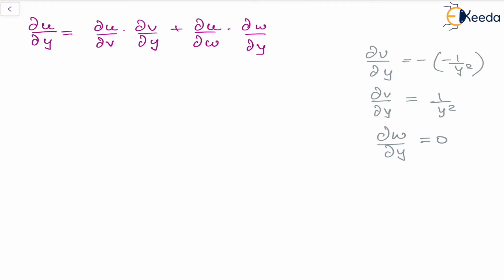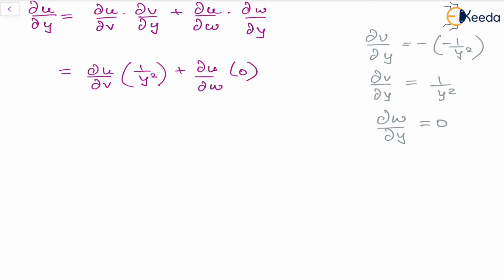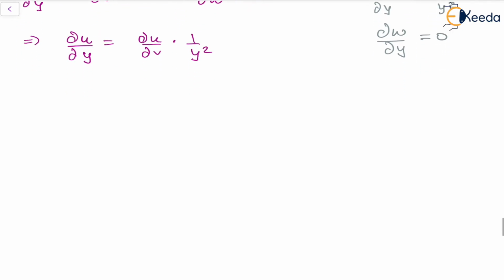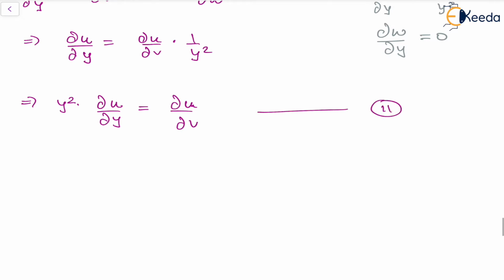So continuing, we have dou u by dou v times 1 by y square plus dou u by dou w times 0, which means dou u by dou y is dou u by dou v times 1 by y square. Taking y square to the other side, y square times dou u by dou y equals dou u by dou v, and let us take this as equation 2.